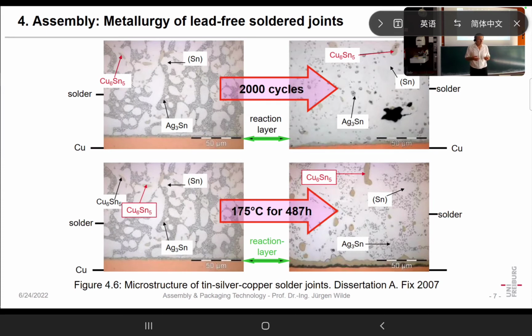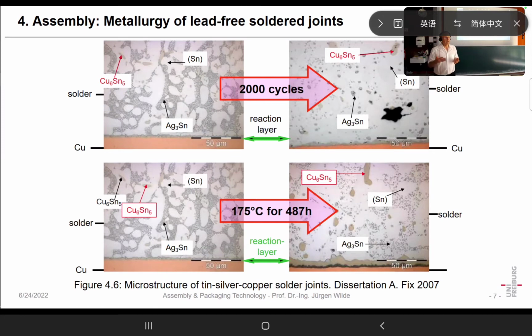So solder material is always operated in a high temperature range. That means high temperature is not how high the temperature really is, but it's a relatively high temperature. And here the reference value is the melting point.